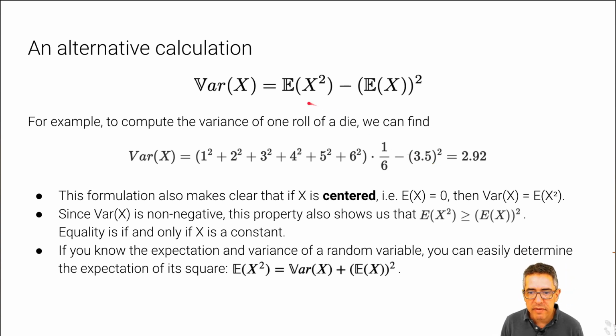And when we look at this expression, something jumps out more clearly than it did in the original definition, which is that if x is a centered variable, meaning it has 0 expectation, then the variance is just the expectation of x squared. This can be a handy thing to keep in mind when you know that your random variable has 0 mean, which is often the case, especially after you standardize it.